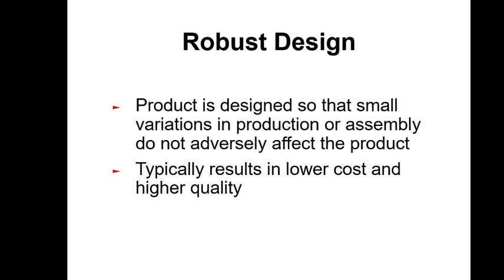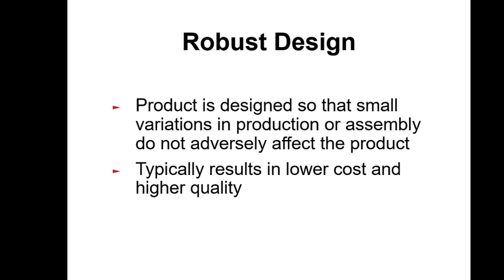The product is designed so that small variations in production or assembly do not adversely affect the product. Which means if there is a little variation, we have to design our product in a way that it will not affect the product as a whole. For example, the engine of the car.